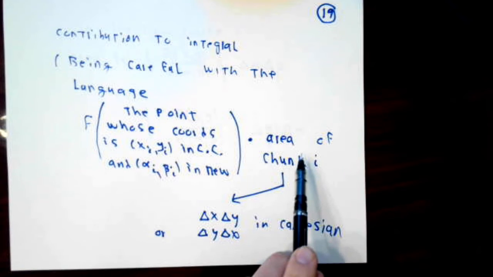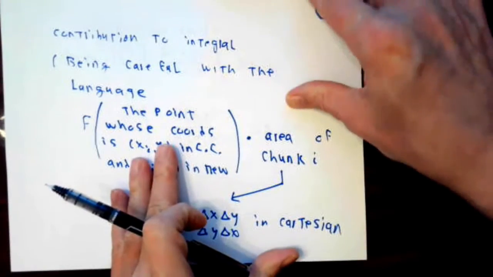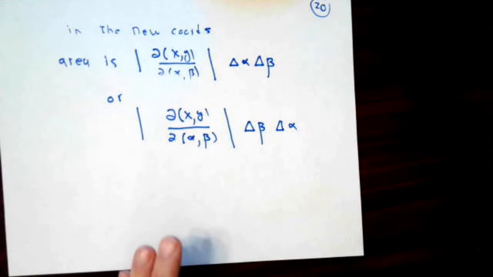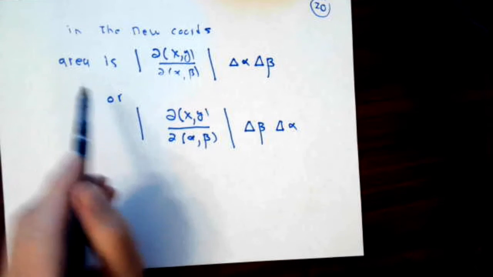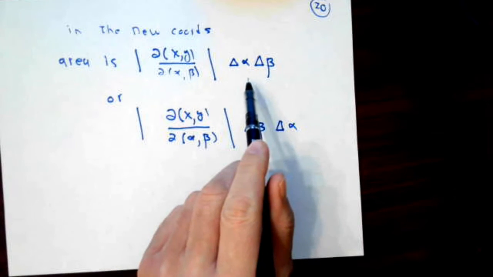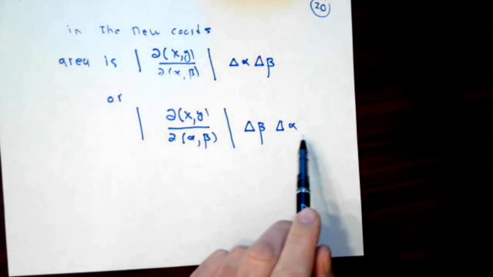I'm going to multiply by the area of chunk number i, which if I were doing Cartesian coordinates would be delta x delta y or delta y delta x, but we've seen that's not what's going to happen generally speaking. In the new coordinate system, the area is going to be this incredibly ugly notation, delta alpha delta beta, or delta beta delta alpha.